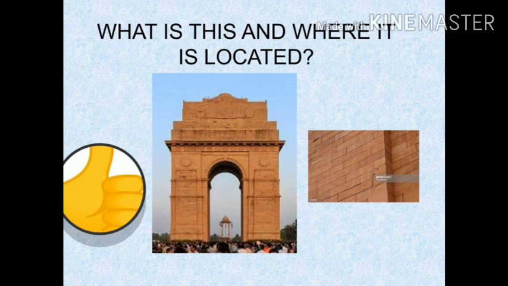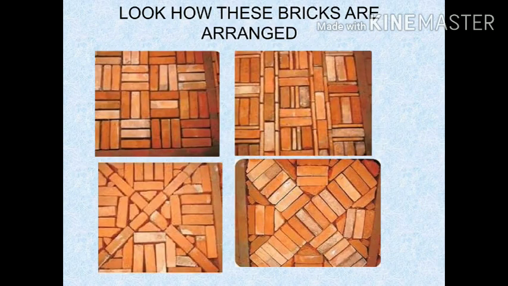Have you seen such patterns anywhere? So see the pattern of the bricks which are arranged in the India Gate. How is it arranged? Do you have any idea? So without knowing the measurement, masons could not arrange the bricks in a beautiful and perfect manner.